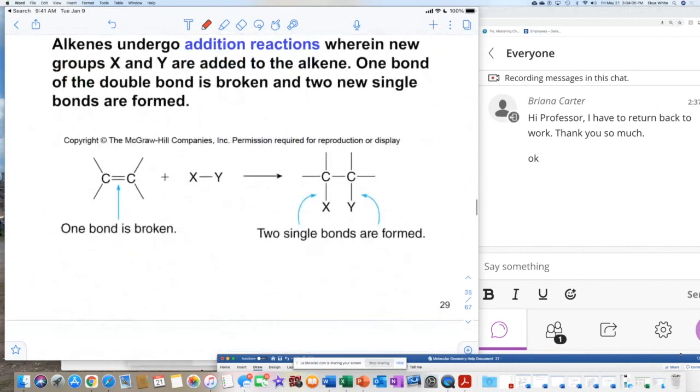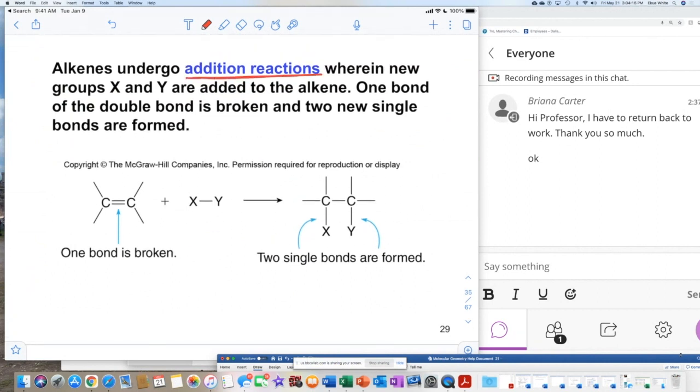So now we're looking at reactions that alkenes undergo. Alkenes undergo a lot of different kinds of reaction. The biggest one is called the addition reaction. The addition reaction happens around that carbon-carbon double bond. We don't see addition in alkanes because alkanes don't have a double bond for this type of reaction to happen.